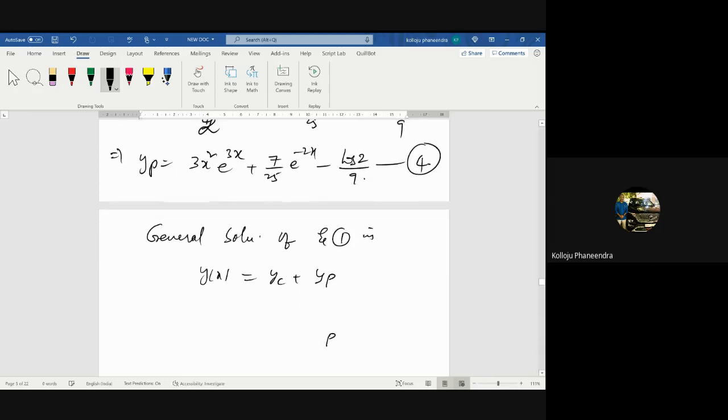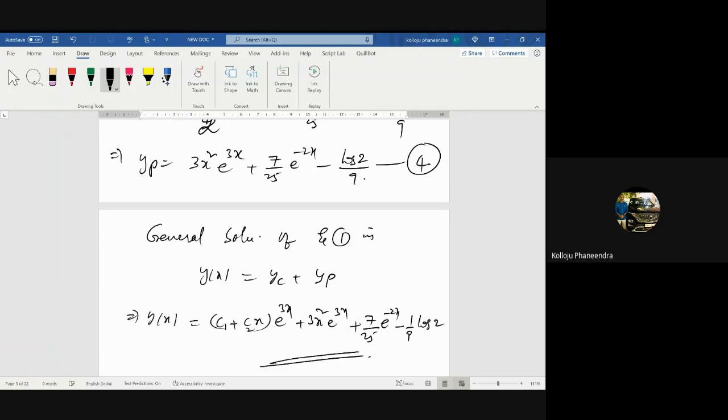So y of x equals (c1 plus c2x) e power 3x plus 3x square e power 3x plus 7 by 25 e power minus 2x minus 1 by 9 log 2. This is the answer.